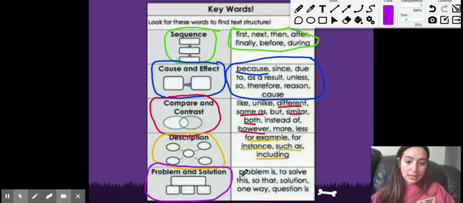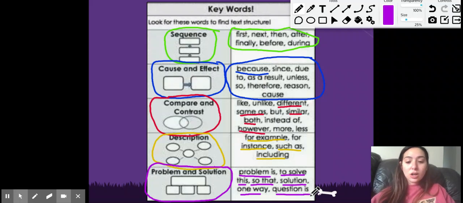So in these types of books, stories, articles, whatever the author wrote, they'll say the problem is, they'll say to solve this, they'll say so that, maybe they'll say solution, one way, or the question is. So those are all examples of problem solution.